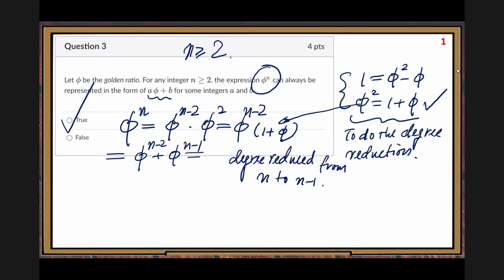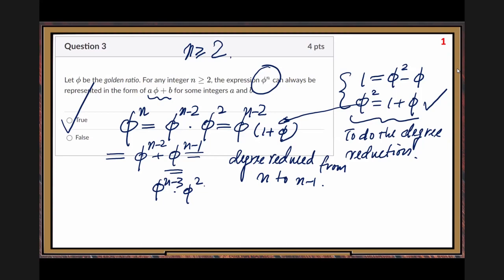Here, the highest is n minus 1. Can we do further reduction another time, reduced by another 1? For example, phi to the n minus 3 times phi squared. Another round of reduction. So every time we can reduce degree by 1. Every time you have the highest degree term, you reduce degree by 1.